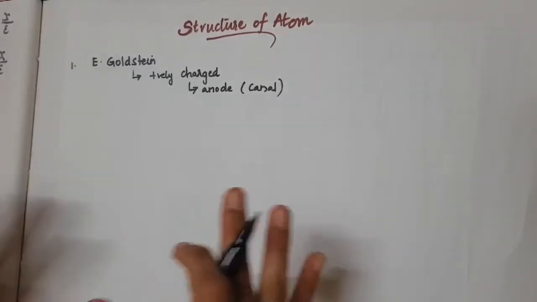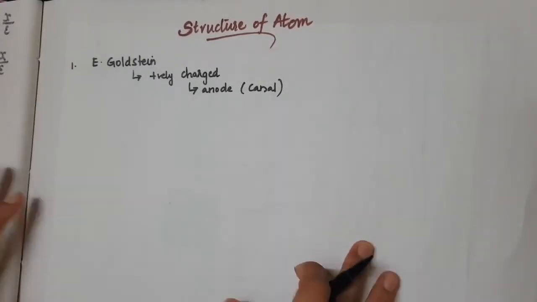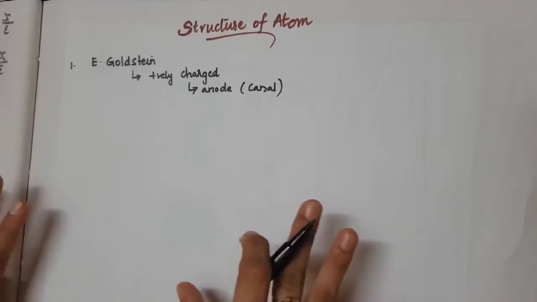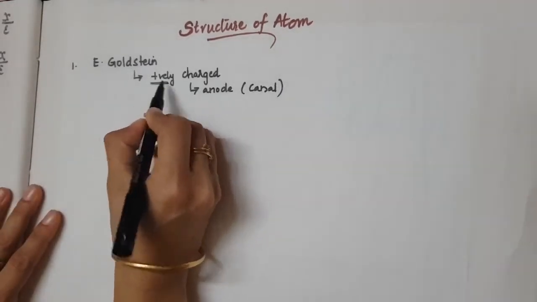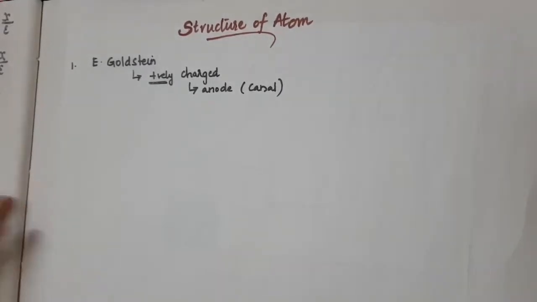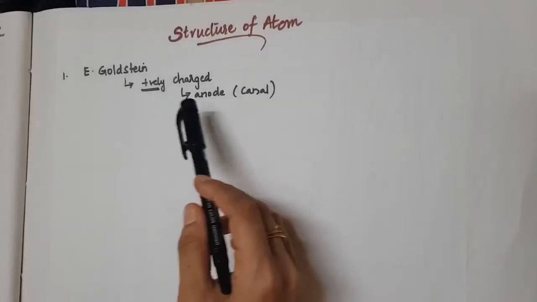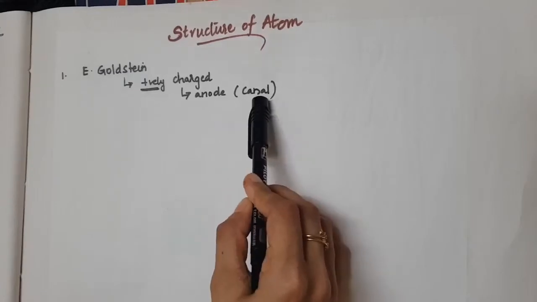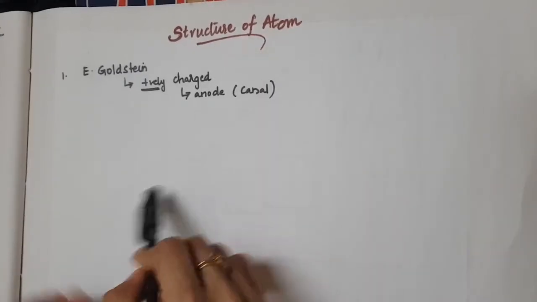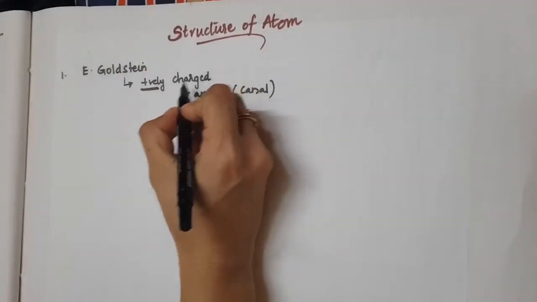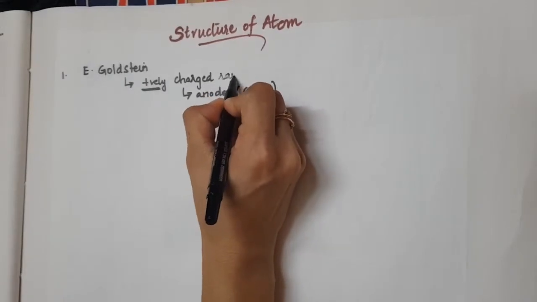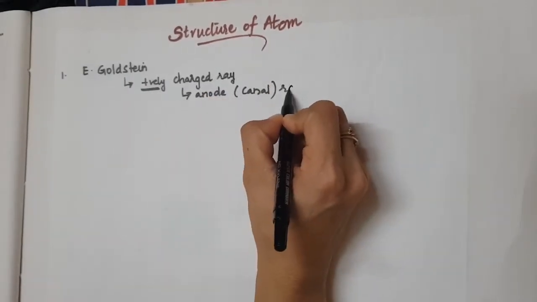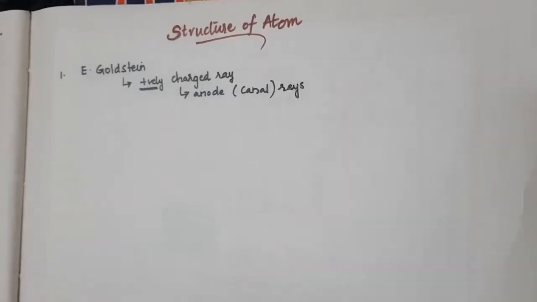But he didn't have any clear idea of why they existed or any properties of them other than that they were positively charged. It was Rutherford who correctly identified their existence and named them protons. We'll come to that experiment later. So Goldstein found the presence of positively charged rays and named them anode and canal rays.